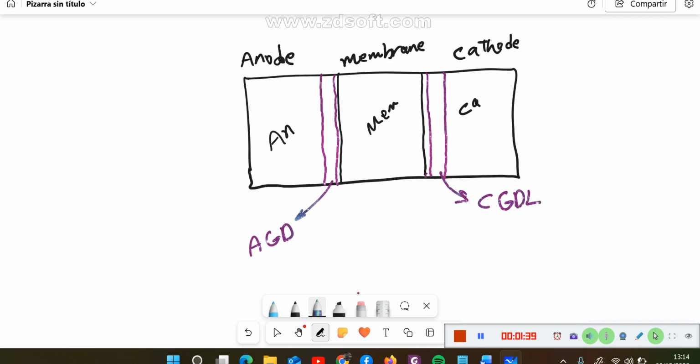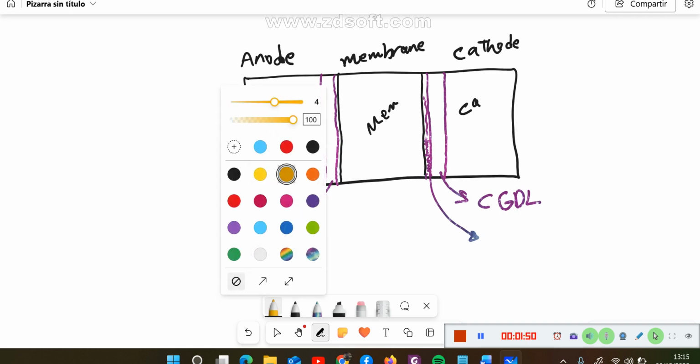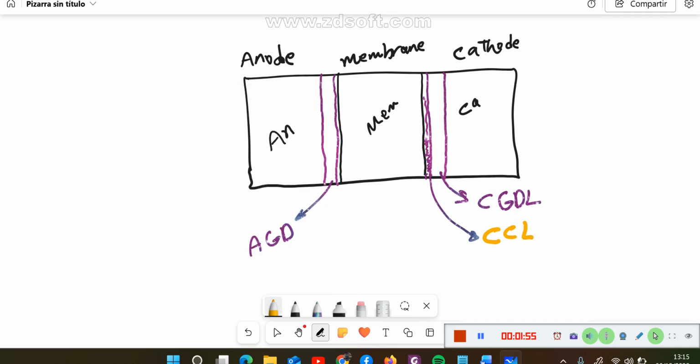This small and thin layer, I use a different color for it. We call it the cathode catalyst layer, and here the anode catalyst layer. So these are the seven parts of a PEM fuel cell.